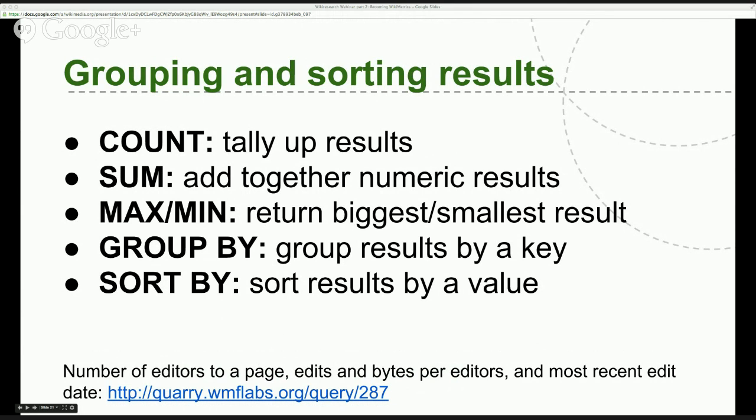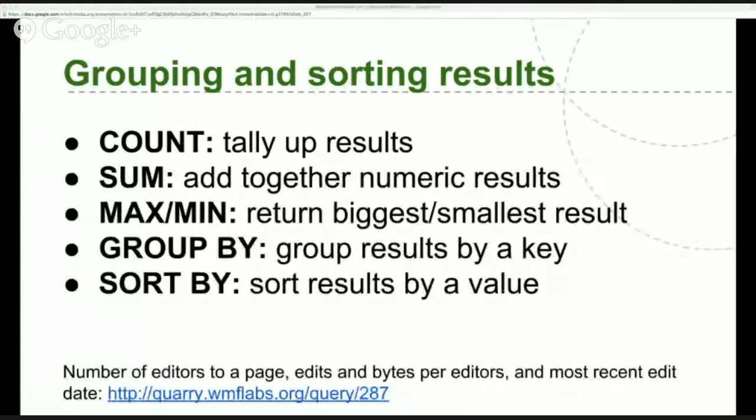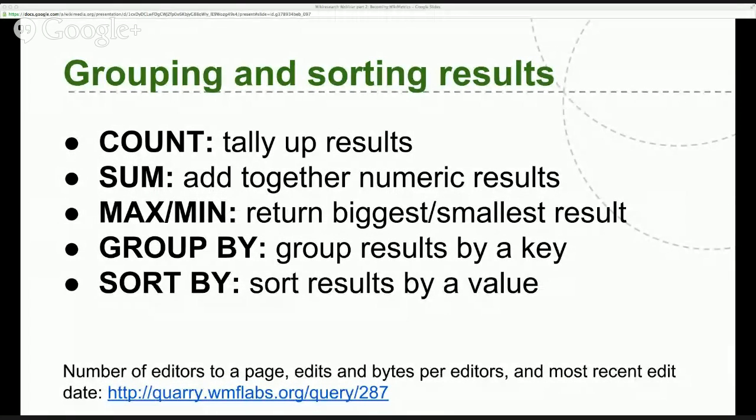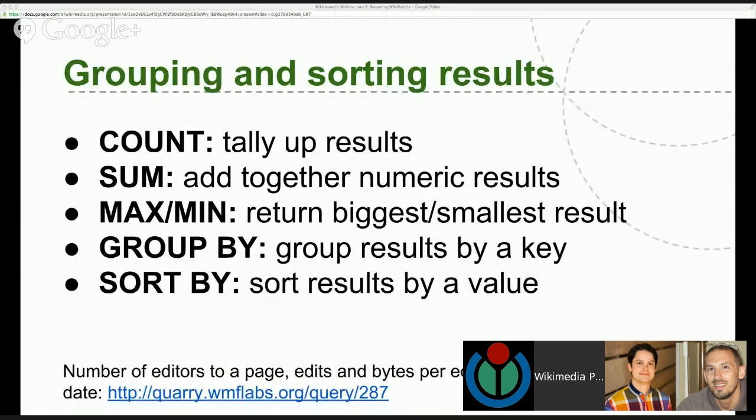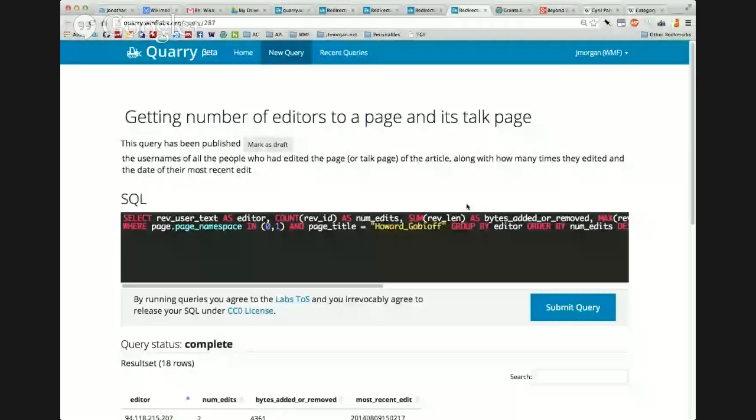And looking at query 287, so if we look at this query, what I've asked for here is I want to get a bunch of information about edits that have been made to the page Howard Gobioff, which is a new Wikipedia page that was created during Wikimania.